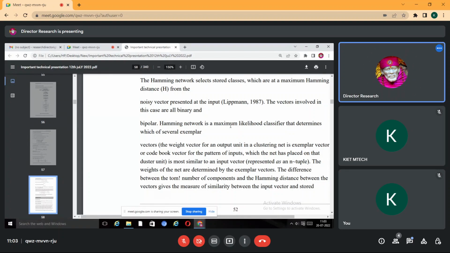The exemplar vector or code book vector for the pattern inputs, the cluster unit, is most similar to the input vector. The difference between the number of components and the Hamming distance between the vectors gives a measure of similarity between the input and stored exemplar vector.